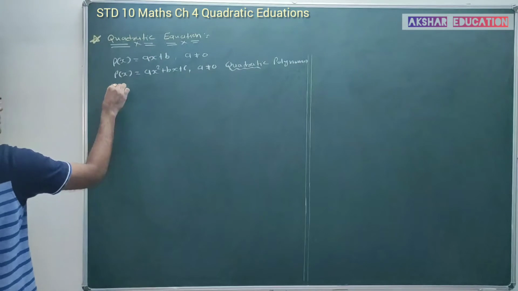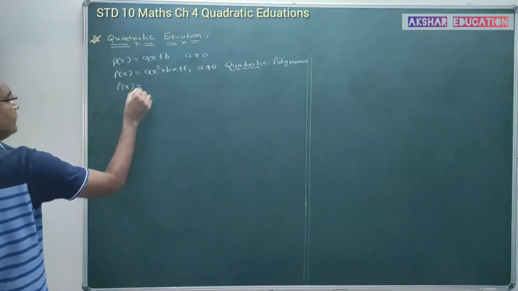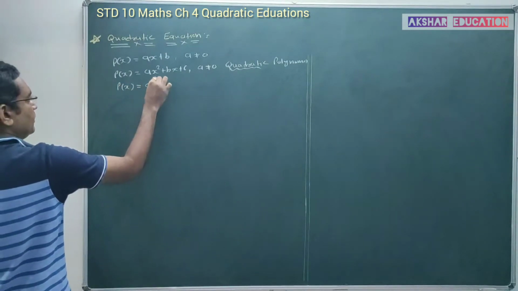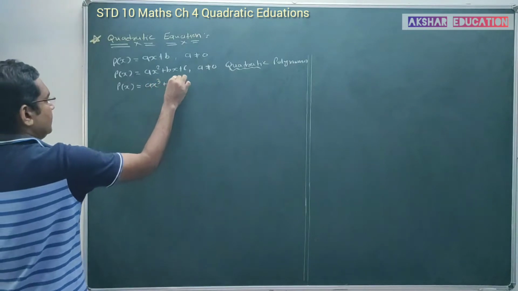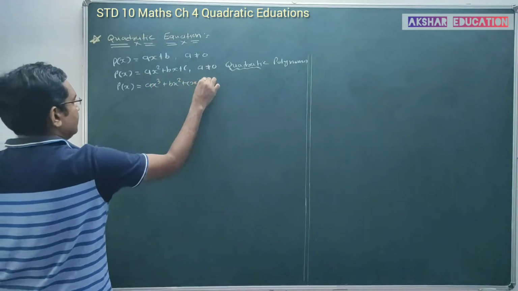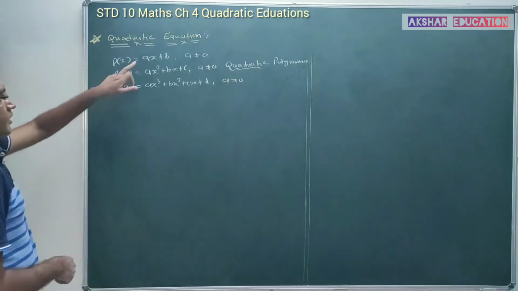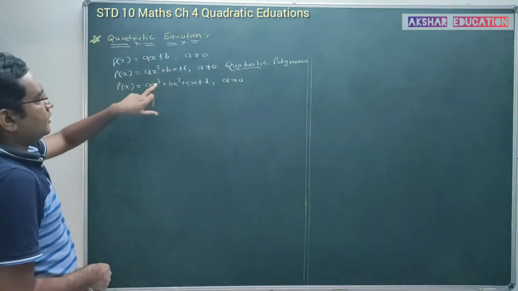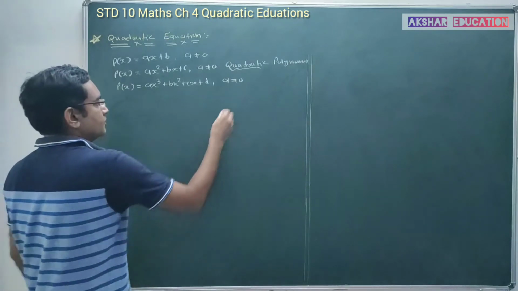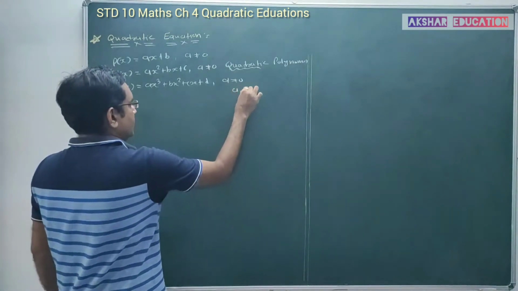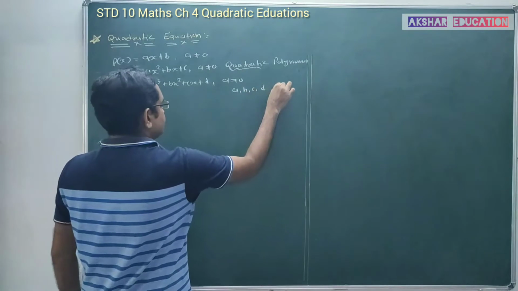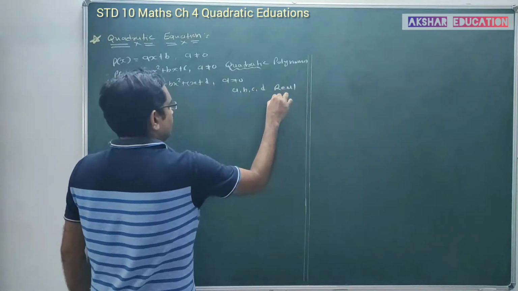And we have also discussed a third type of polynomial, p of x, which is a cubic polynomial, ax cube plus bx square plus cx plus d, where a is not equal to 0. Here a, b, c and d are some real numbers.